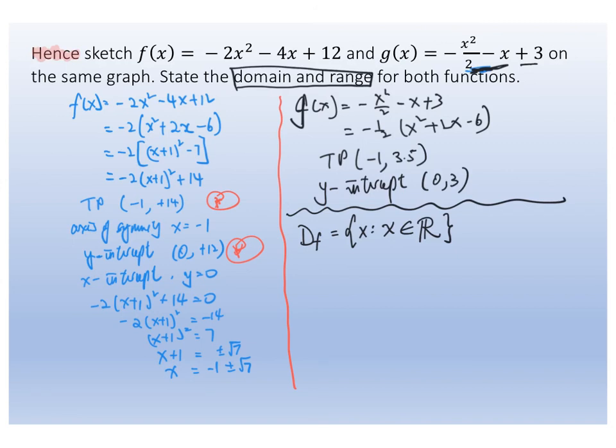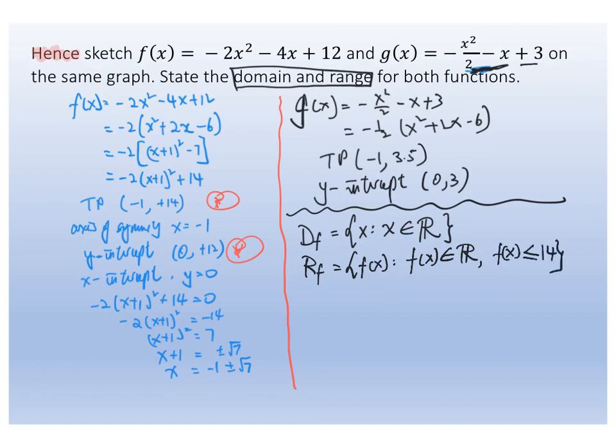And let's go back to have a look. So the range of f is f(x) such that f(x) is an element of the real numbers, and f(x) is less than or equal to 14.